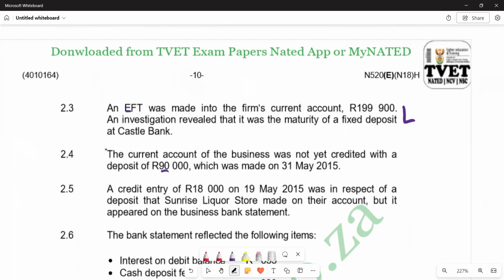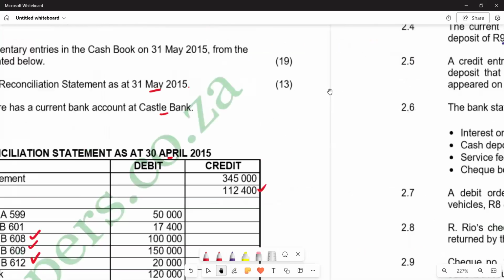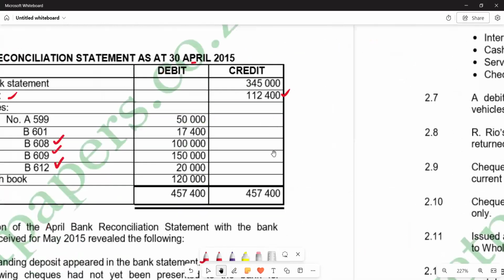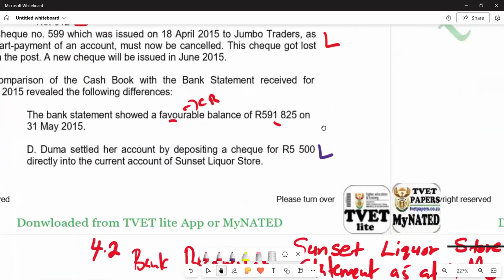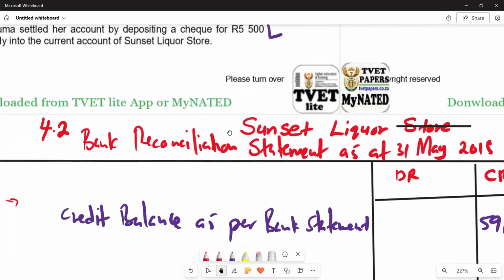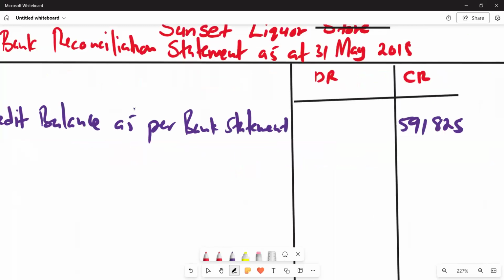So we can now put it as an outstanding deposit. So we can go there and make that adjustment of 90,000 as an outstanding deposit. So here we are saying credit outstanding deposit.